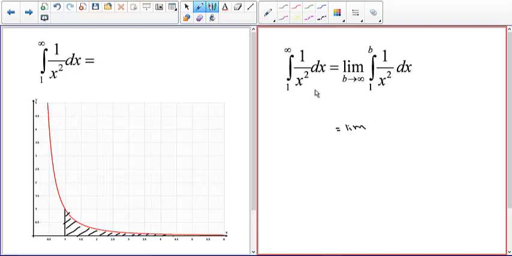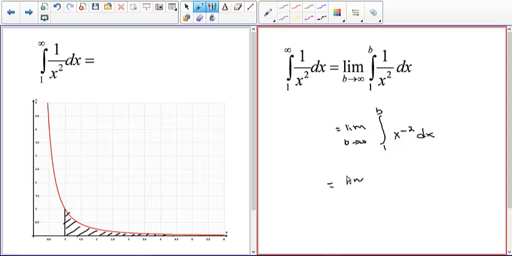once you have rewritten it in this form, the first thing you do is you do the integral of this expression. So that's going to be the integral from 1 to b of x to the minus 2 power dx. That's just to rewrite it in exponent power form here, x to the n.